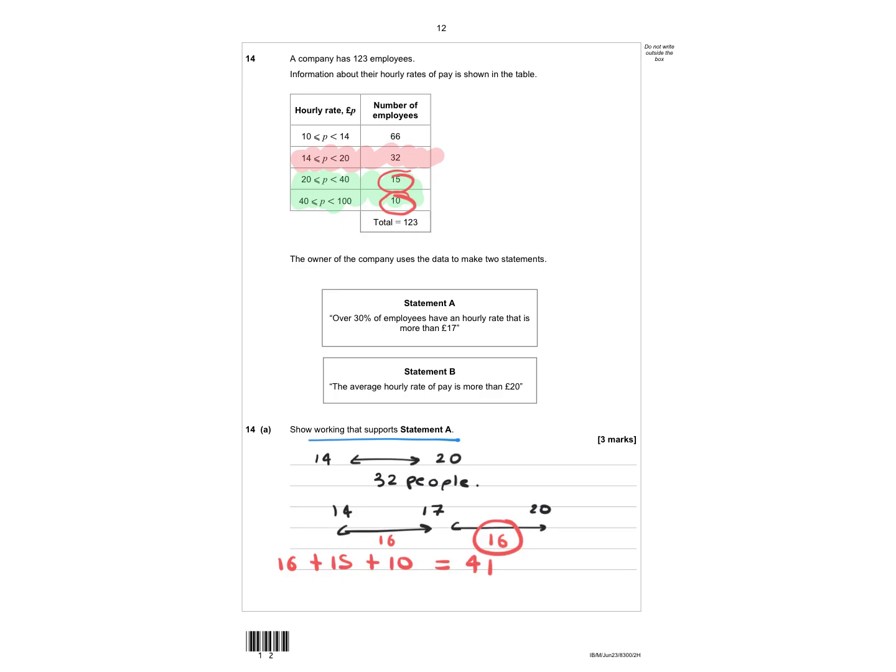And if we work out what that is as a percentage, well, it's 41 out of the 123 people in total. Multiply that by 100, and that comes to 33.3 recurring percent, which is greater than 30%. That's not the only way of doing this question, but it is a good solid method.